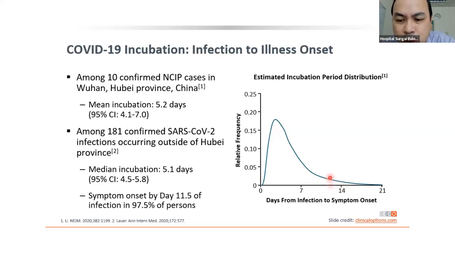In fact, I think they say it's 11.5 days, by which 97.5% of people already have symptoms. That's why we put the incubation period as 2 weeks. In other words, once 2 weeks has come and you haven't got symptoms, chances are extremely high you didn't catch COVID.